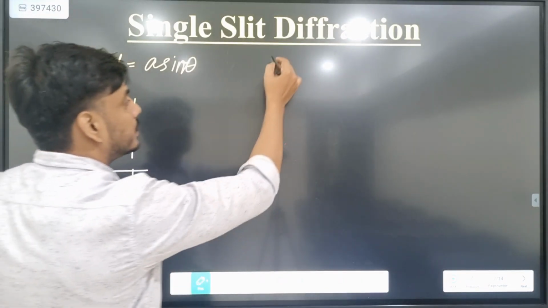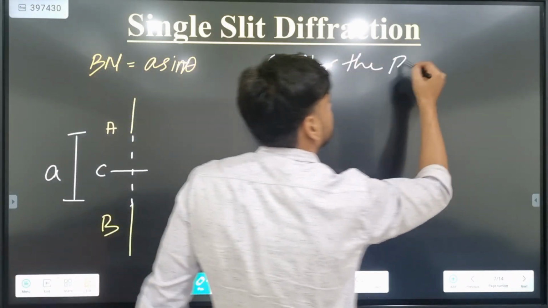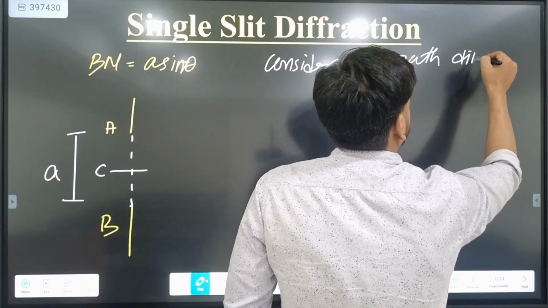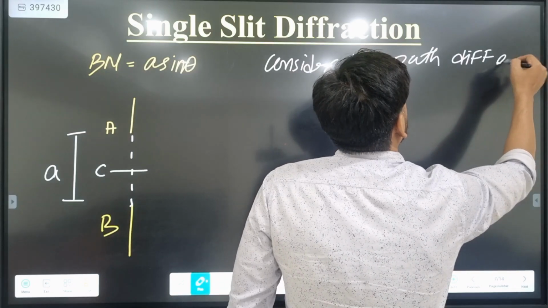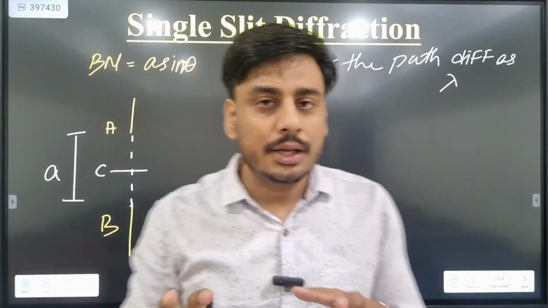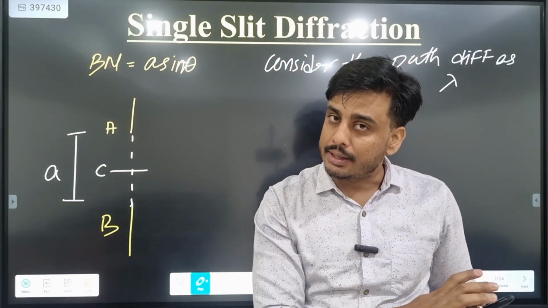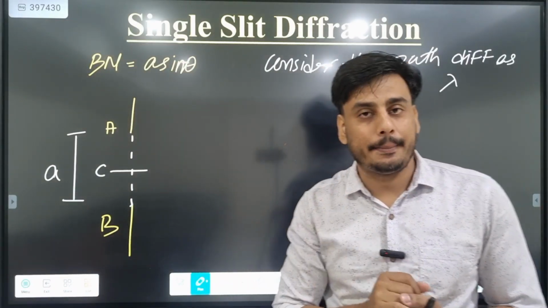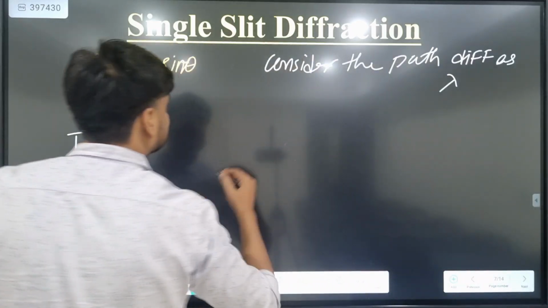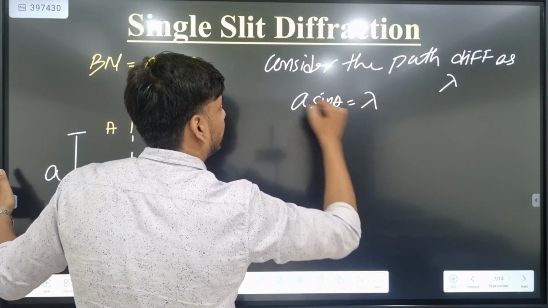Let us consider the path difference as lambda. This is completely imaginary. We imagine the point P is situated in such a way that the path difference is lambda. That means a sin theta equals lambda.